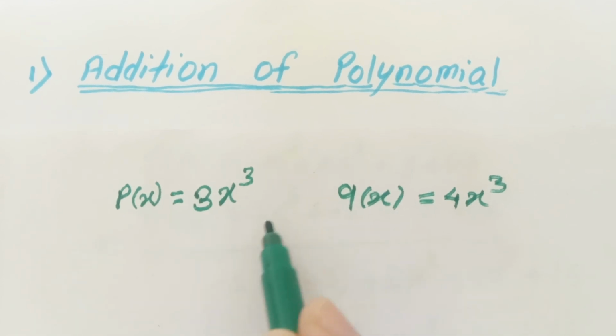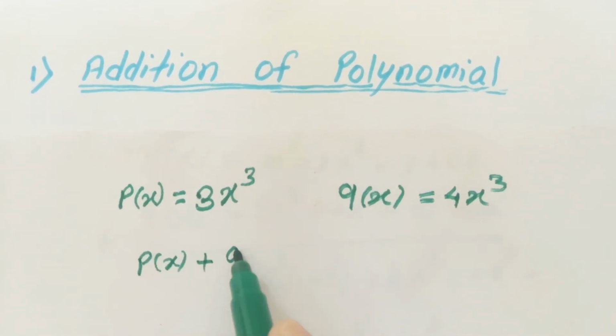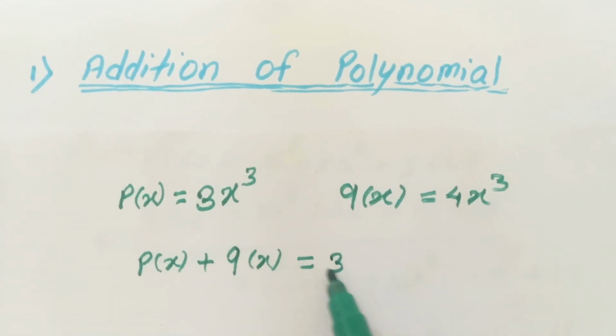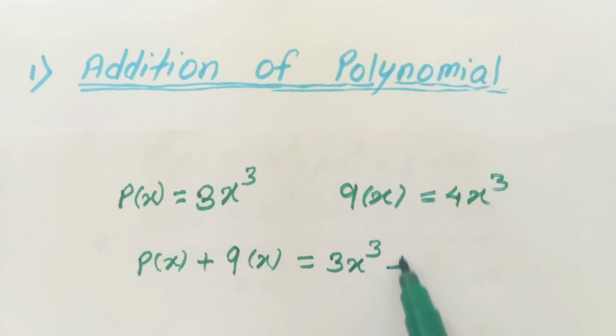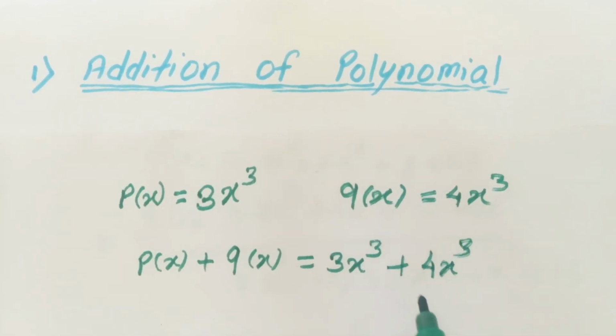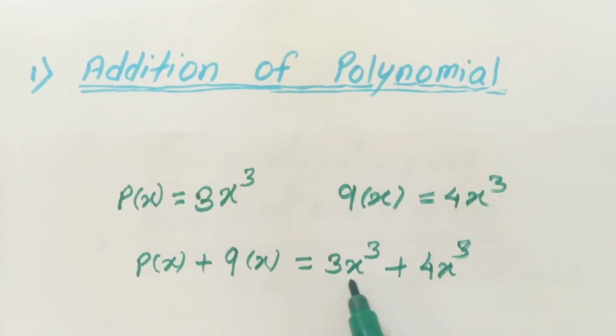If we want to add these two polynomials, that is p of x plus q of x, then put the value. Here p of x is 3x cube and q of x is 4x cube. Now here the direct addition is not possible because this term contains variable and constant.